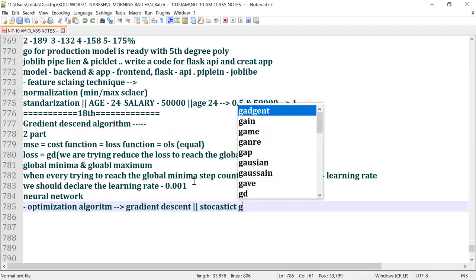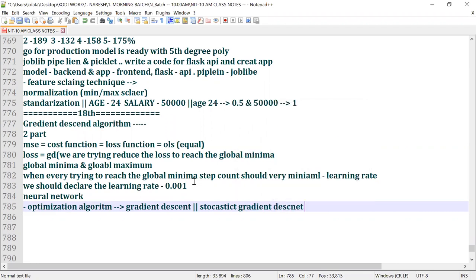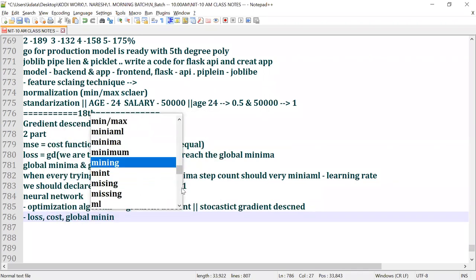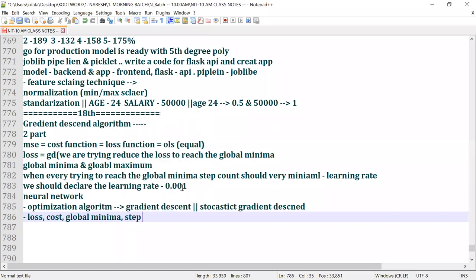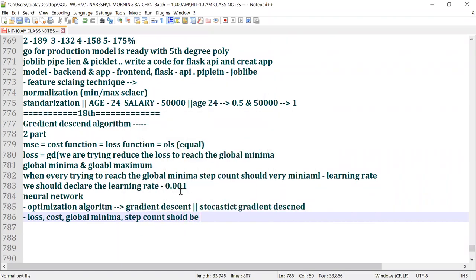Clear or not? In these concepts we learned loss, cost, and global minima, and the step count should be minimal.